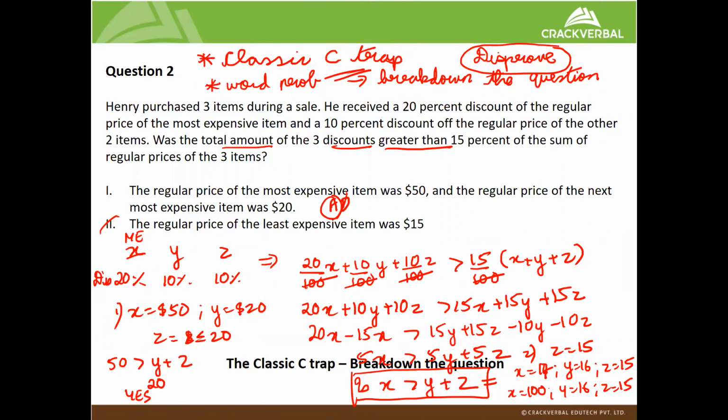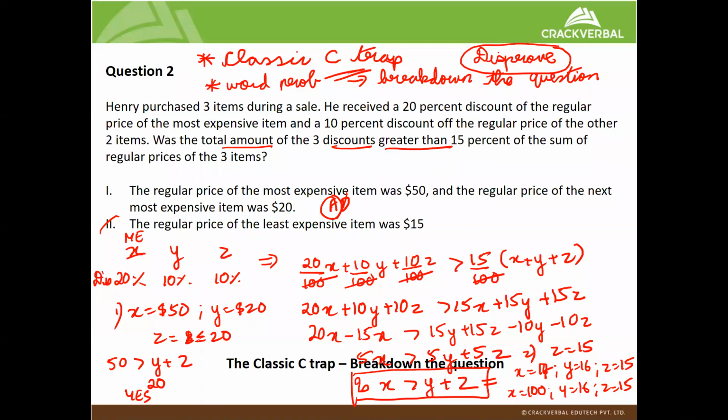So there are three things that you have to take back here. One, whenever you see a question where the two statements together are sufficient to solve, it's always better to take a step back, understand that it might be a classic C trap, and work with the statements individually. Second, and I'm going to repeat this throughout this entire webinar, you never try to prove the statement to be sufficient.